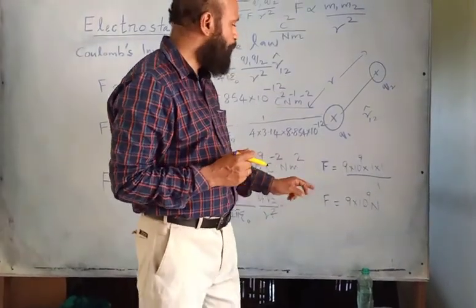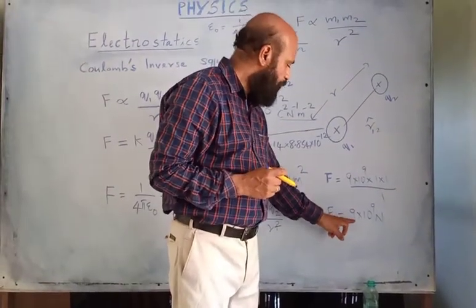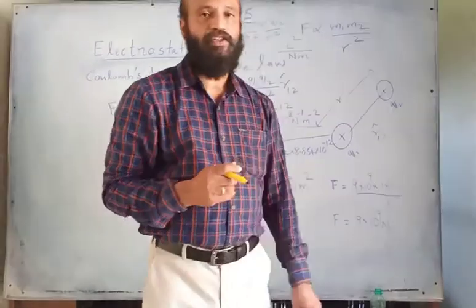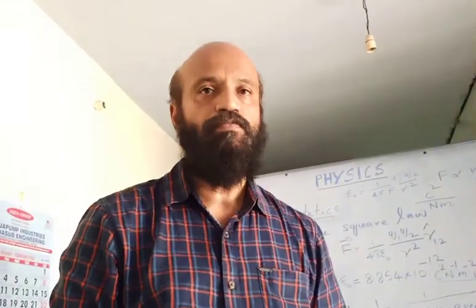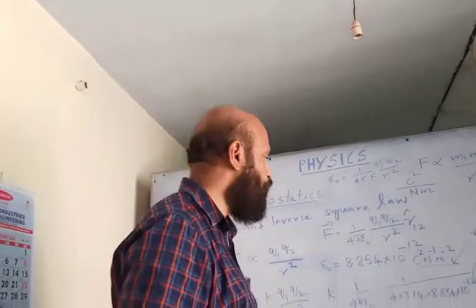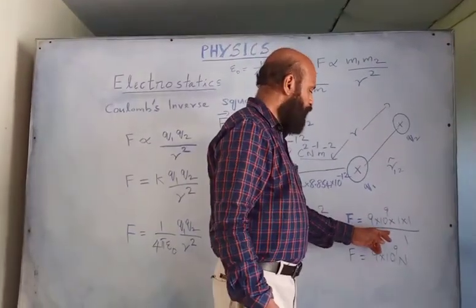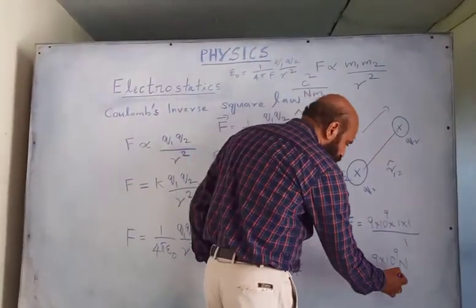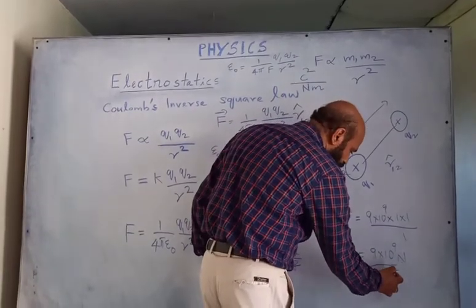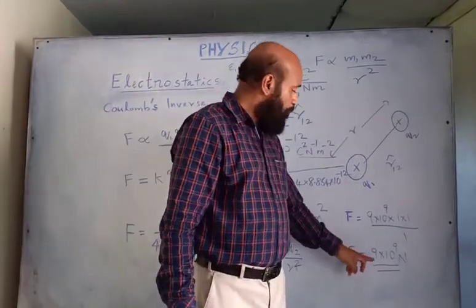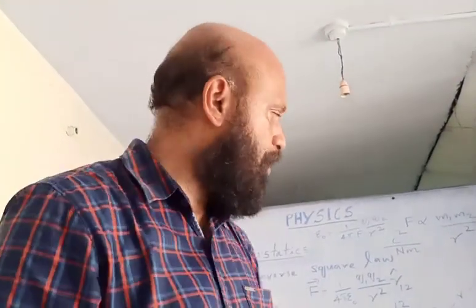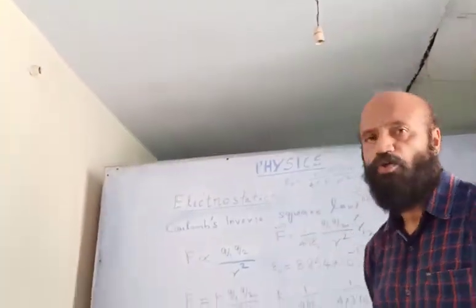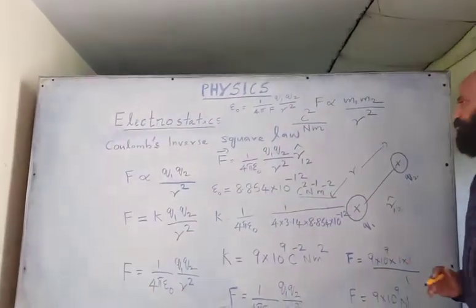The force is given by this value, 9 into 10 raised to 9 Newton. This is a huge amount. We will not come across such a huge value in our day-to-day life, so we will deal with micro coulomb, nano coulomb, etc.